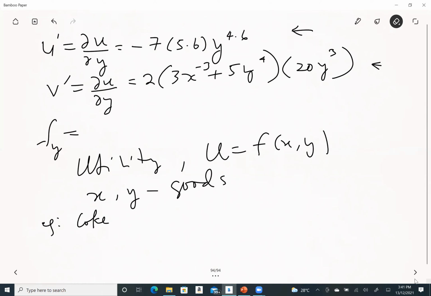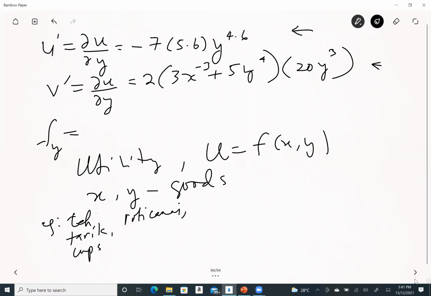X can be teh tarik, in say cups, and Y can be roti canai. Everybody knows roti canai. In English, I don't know what we call roti canai.